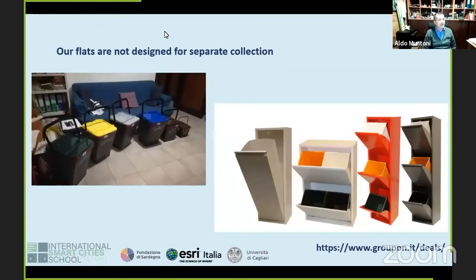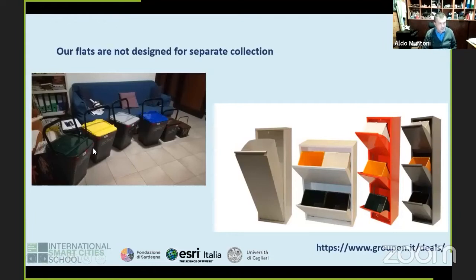And I said before that our cities were not thought to deal with waste collection, but I have to say, and I tell you, who are much more expert than me about building design, that also our flats are not suited for separate collection, because I see that the trend is to build flats which are smaller and smaller, and these are the containers which the municipality of Cagliari gave to us 2 years ago.